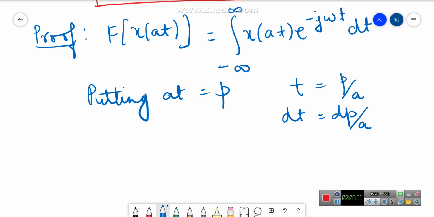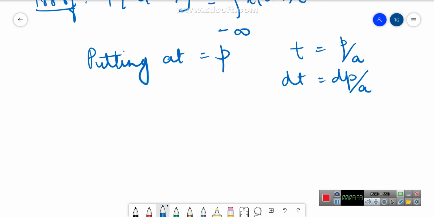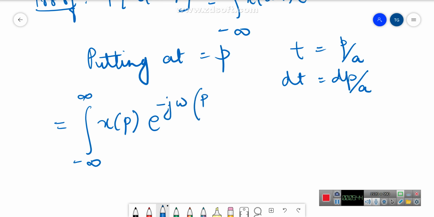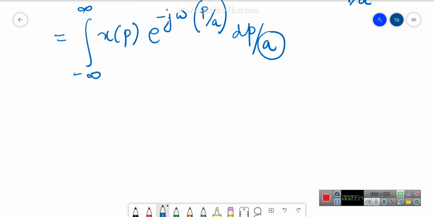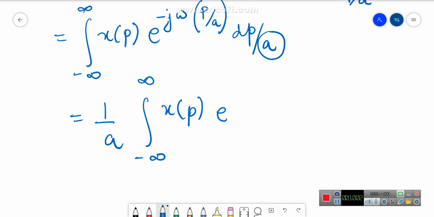Substituting all these values on the right hand side of this equation, we will get the integral from minus infinity to infinity of x of p, e to the power minus j omega t by a, where we have to change t to p, and dt will become dp by a. So this a is a constant, so we can bring it outside. So this will be 1 by a, integration from minus infinity to infinity of x of p, e to the power minus j omega by a into p, dp.